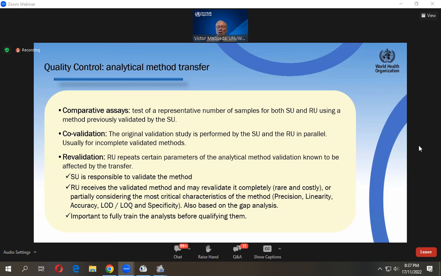Right, so this is important because this is part of the knowledge of the method. So the sending unit, they know which parameters are more difficult and may be more affected by the method conditions and transfer. So that knowledge needs to be understood.